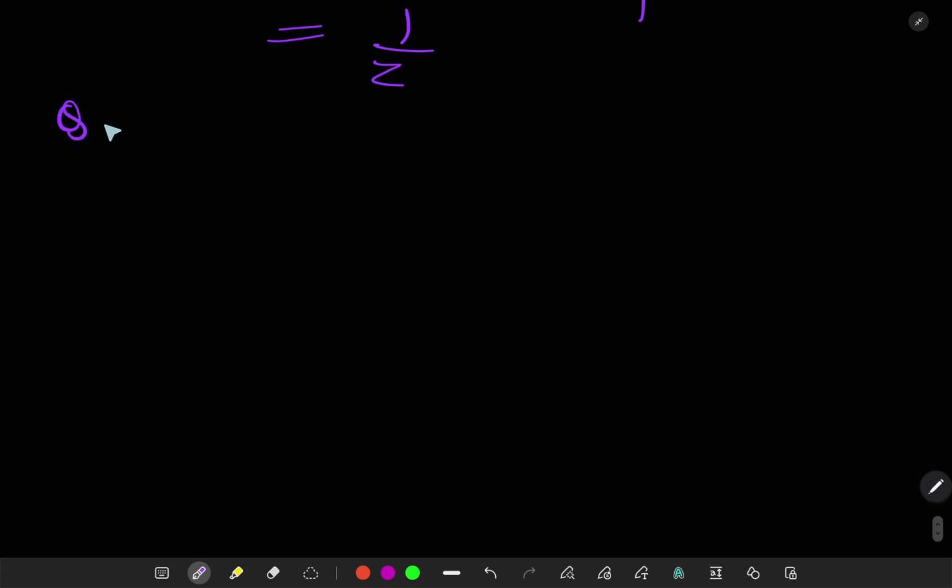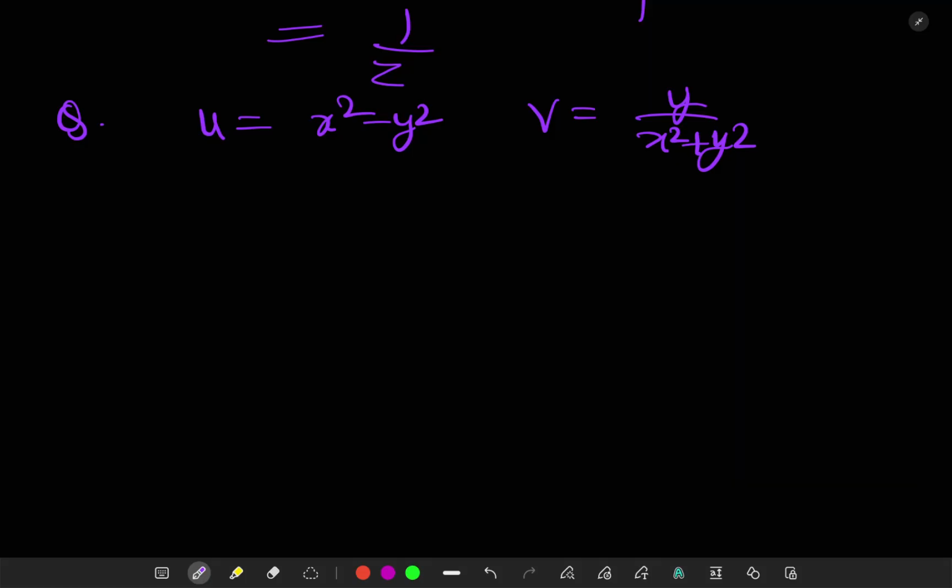Let's do another question. In this question, the value of u and v is given, and we need to find... In this question we need to prove this is a harmonic function and u and v are not harmonic conjugate.